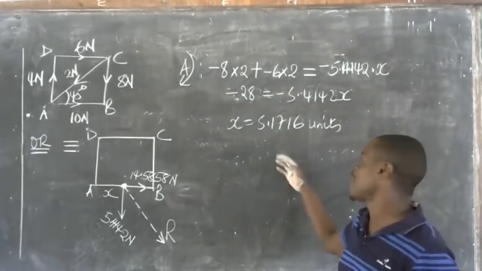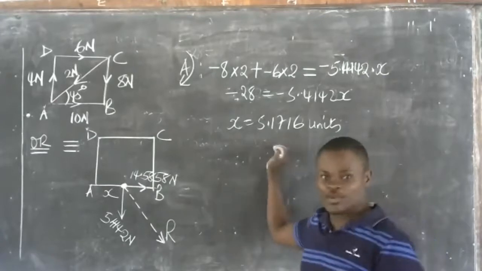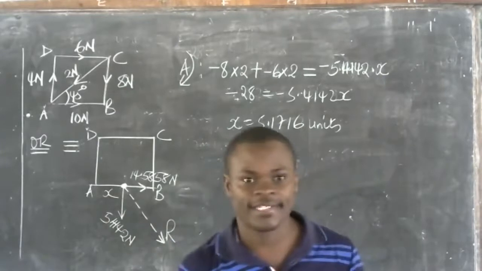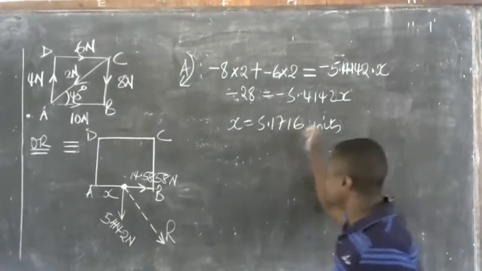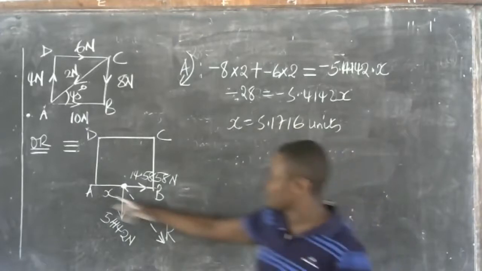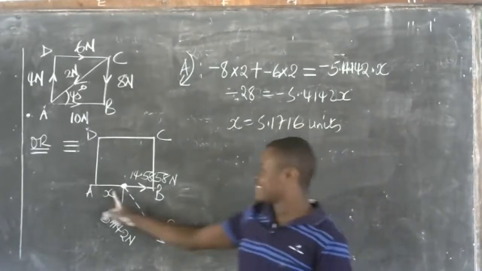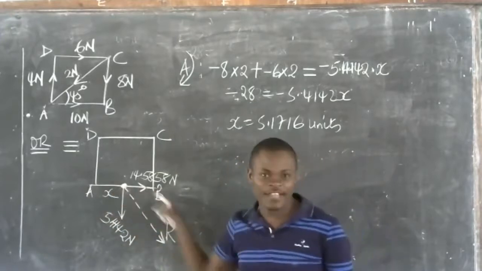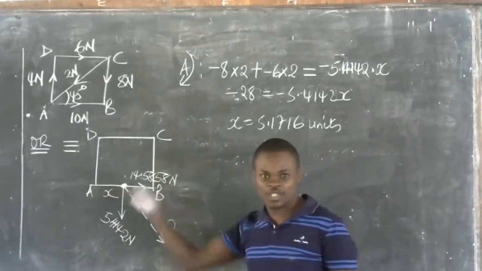And here they can even forgive you because the diagram shows the point where it cuts side AB. But this one, the 5.176, is beyond the 2. The distance x cannot therefore be in between because it is bigger than length AB, meaning we have to shift it.